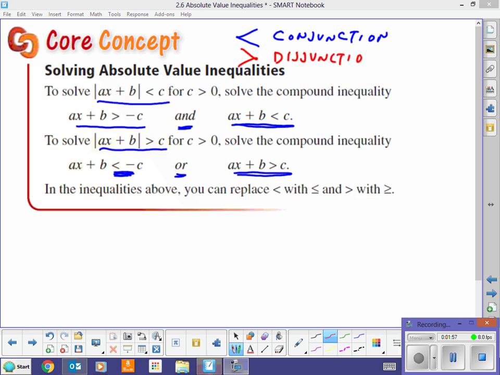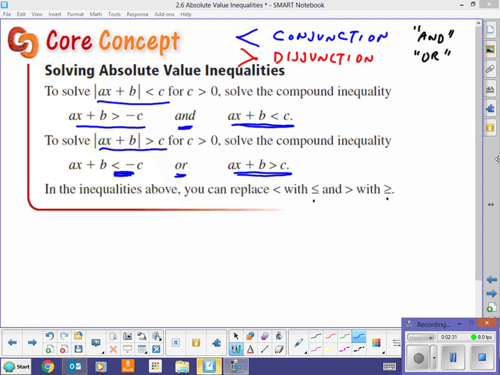Another way you could remember it is that in alphabetical order, conjunction is AND, which comes before OR. So everything's kind of in alphabetical order, but it all comes off of this sign right here, here, and here: if it's to the left, if it's the smaller values, conjunction; if it's the larger values, disjunction. And of course, that also applies to the 'and equal to' versions down here.